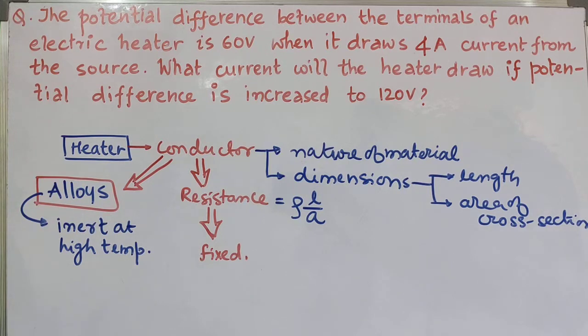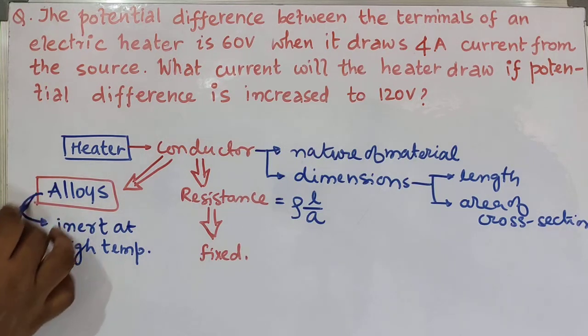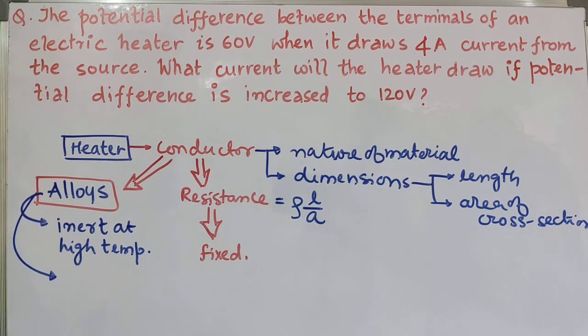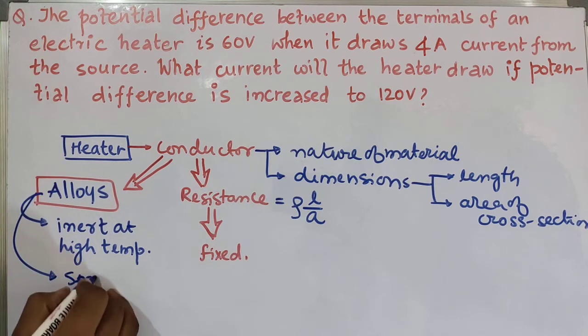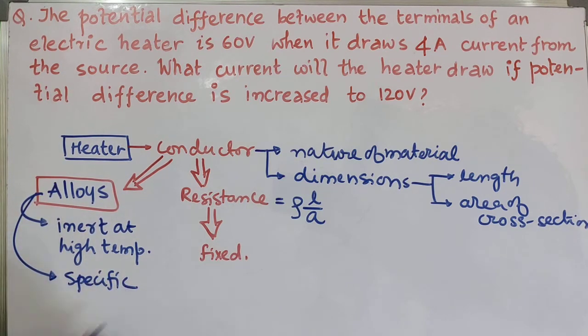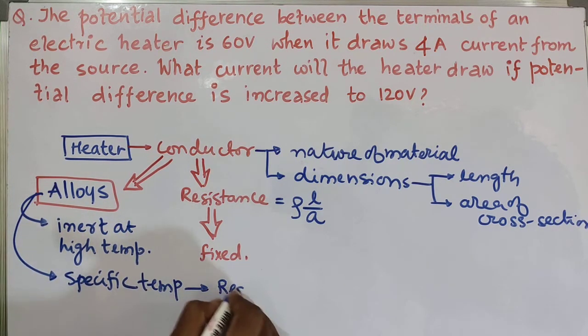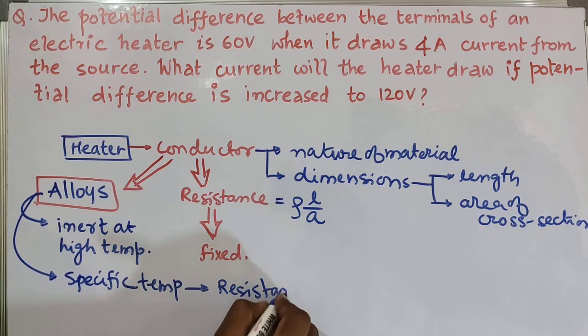So we use alloys because they are inert at high temperature, and there is one more reason. This heater will work at a specific temperature condition.